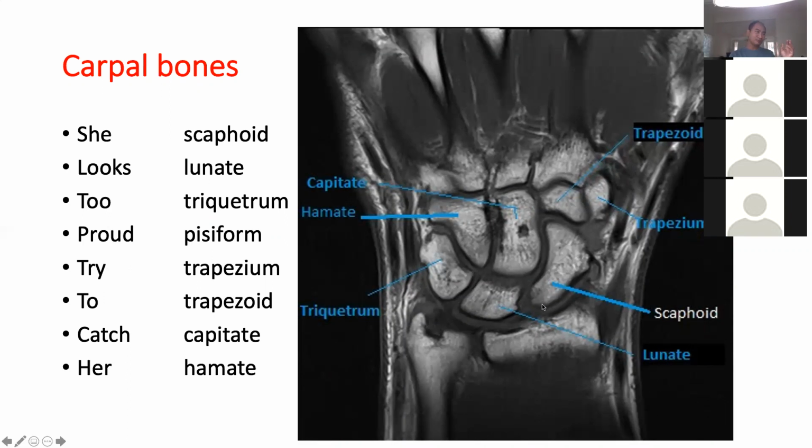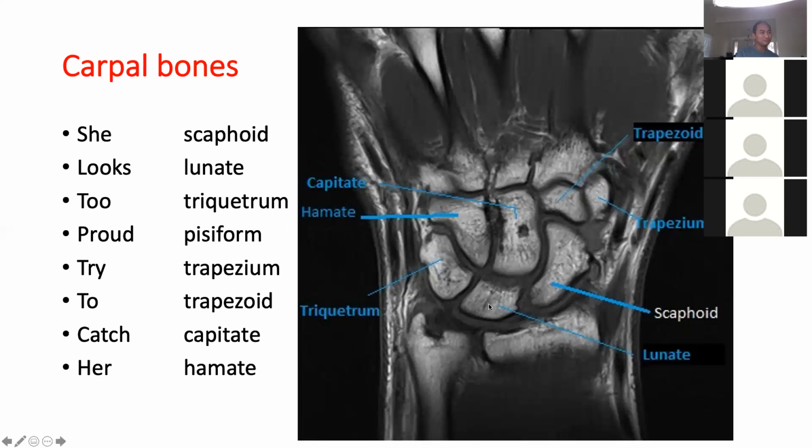She, scaphoid. Scaphoid means like a little boat. Looks, lunate. Lunate means moon, like a half moon.